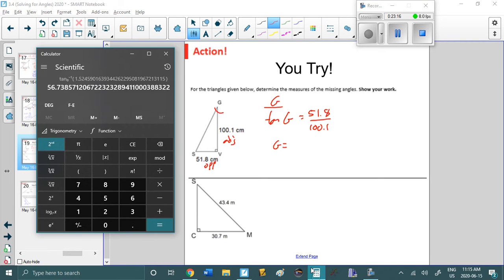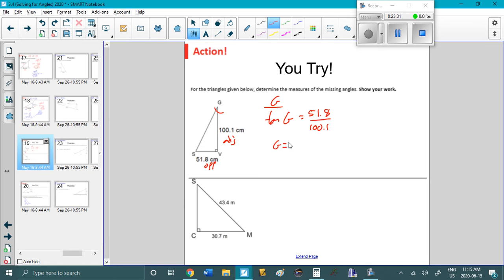I go to my calculator, I do 51.8 divided by, not times, divided by 100.1 equals, and then I do second tan, and I get about 27 degrees. And then we know that angle S is going to be 90 minus 27, approximately, because we rounded already, 63 degrees. And that one's done.